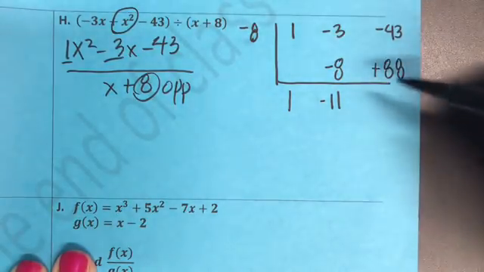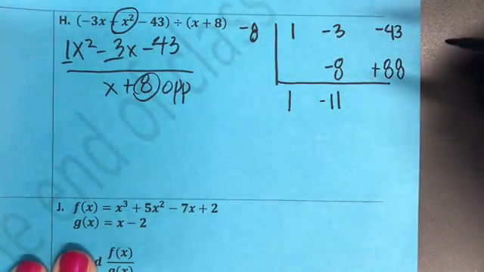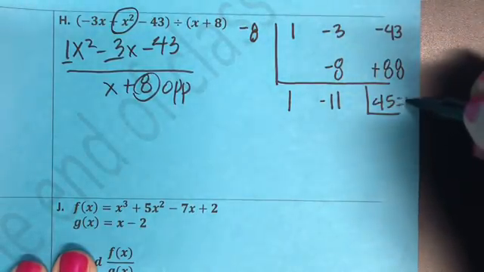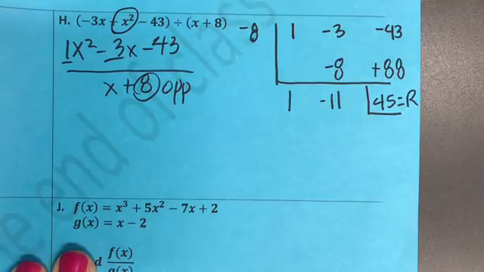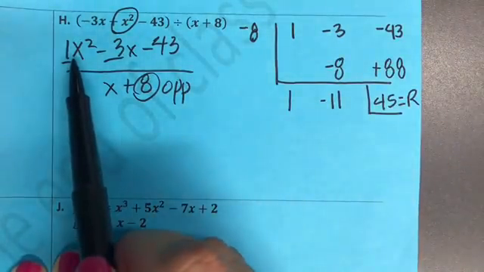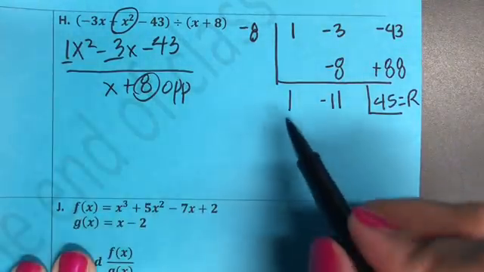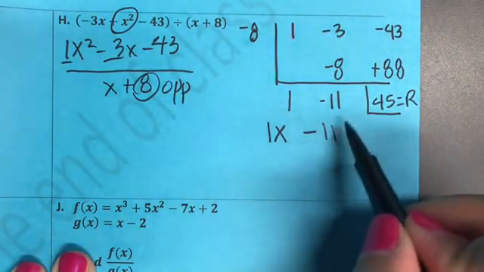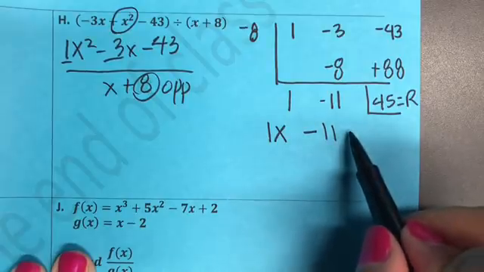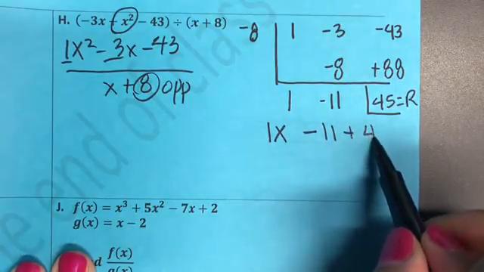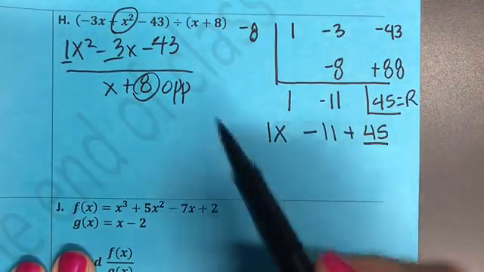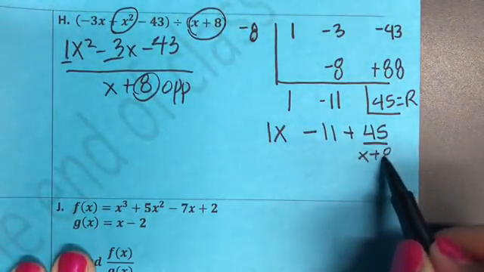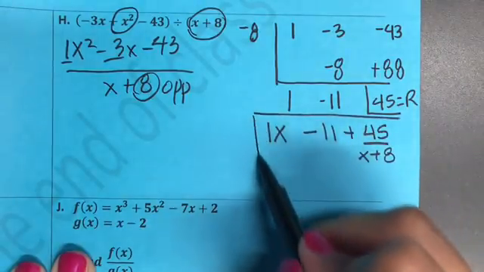And then the sum of that is going to be 45. This is also the remainder. So this was x squared, so we're going to make this 1x minus 11, this is the constant, plus the remainder of 45 over the divisor, x plus 8. That's our solution.